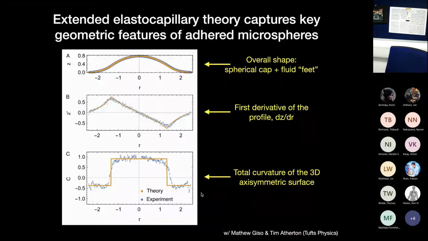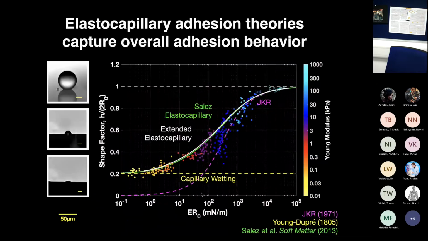And then we can also compare it to our shape factor collapses. And so that's what I have here now. Where I had the JKR and the capillary wetting before, I've now added both the predictions for the Salez elastocapillary theory and our extended elastocapillary theory, which turned out to give very, very similar predictions for how the spheres should deform into adhesion based on their material properties. And this isn't a bad thing.